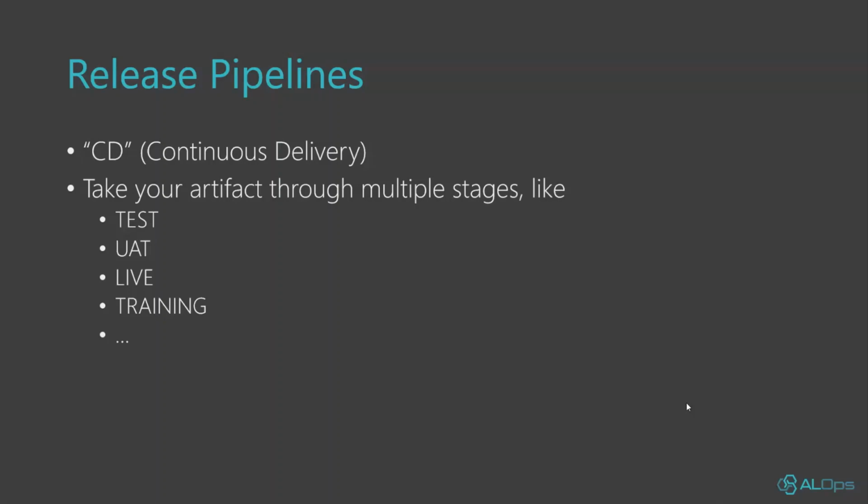The CD part is the continuous delivery. Whatever the build pipeline has created, let's say an artifact, in terms of Business Central it would probably be an app, needs to be delivered somewhere. Let's say publish an app on a test environment or some kind of user test environment or some kind of live environment. And that's something that we can automate. That's something that we should automate.